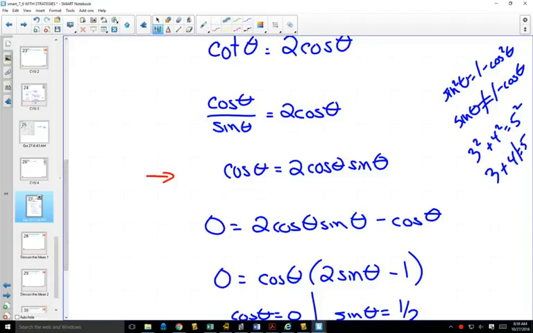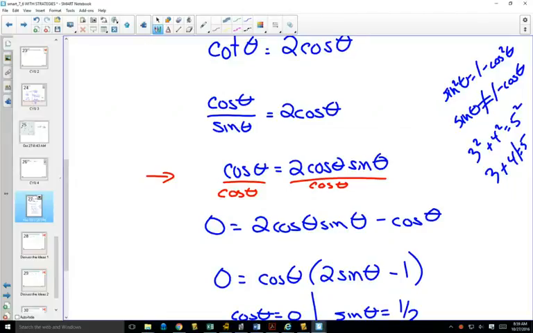Okay? Because one of your strategies, your very first strategy, is write things with only one trig function. And if you're thinking about that, a lot of times people will go, hey, if I divide this side by cos and this side by cos, what's going to happen? My coses are going to go away, and I only have sine.